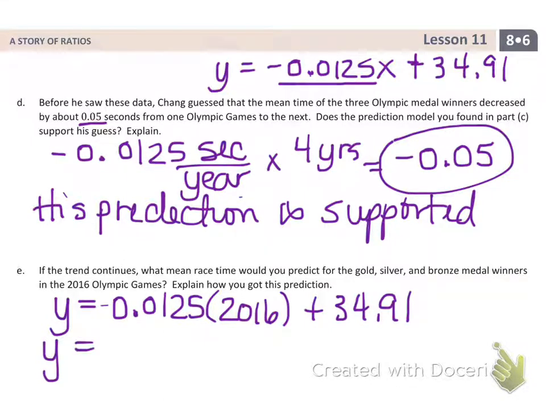So I'm going to use my calculator and I'll find out that the predicted time, make sure you get the negative sign there, the predicted time is going to be 9.71 seconds.